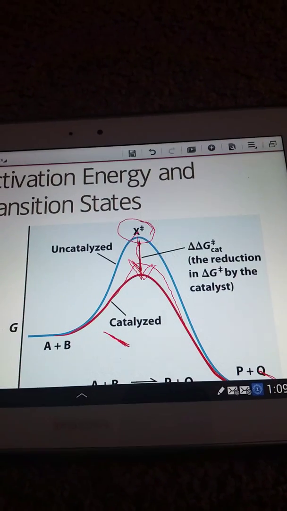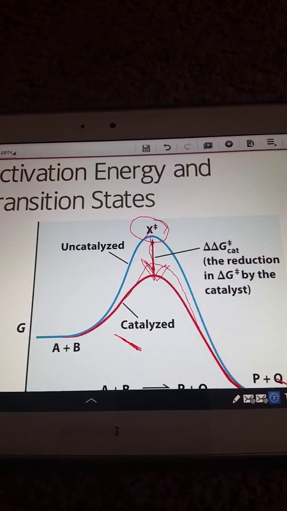How do enzymes catalyze reactions? By stabilizing the transition state.